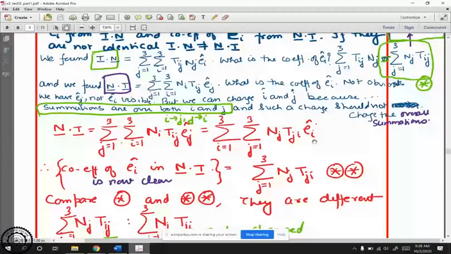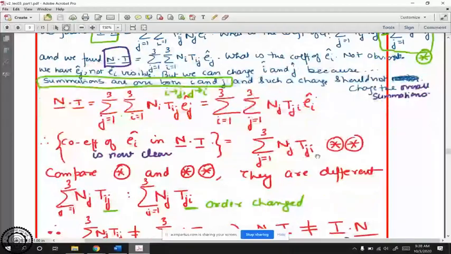If it is not ei ej but ep eq, then you can change all p's to i and all q's to j, and then you will have ei ej sitting there, and you can extract the coefficient of ei ej from the second tensor also, and then you can compare whether they are the same or not.